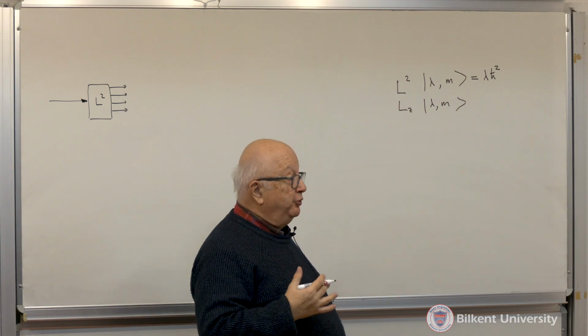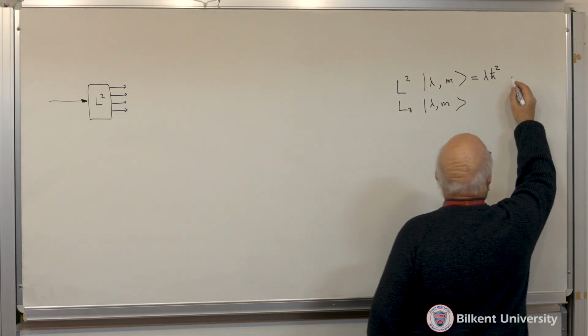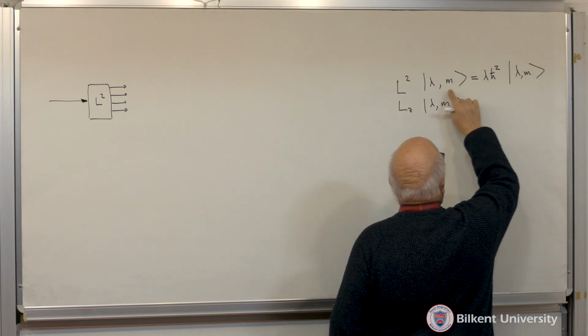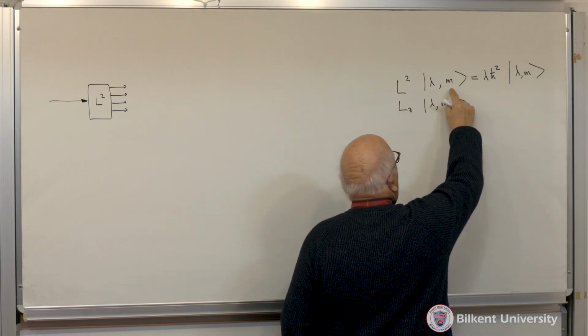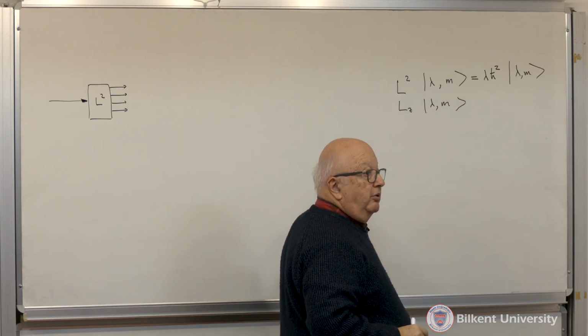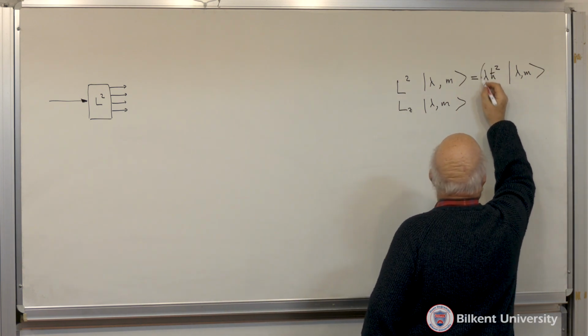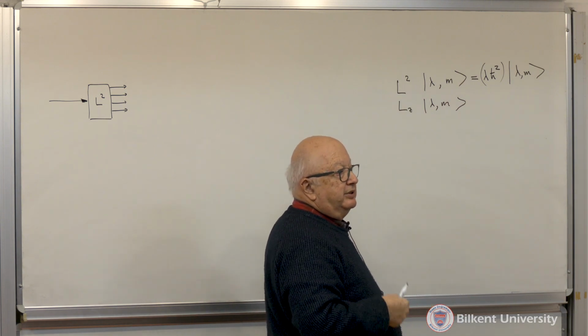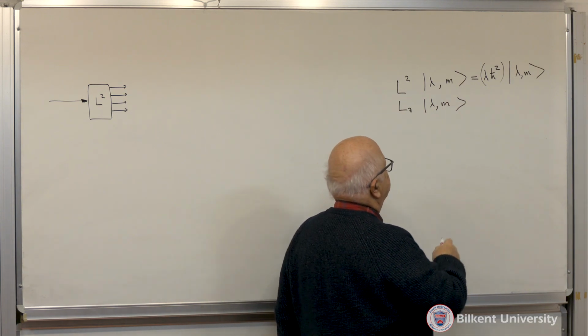So lambda is now a unitless number times lambda m. Okay, so this is an eigenstate of L squared with eigenvalue lambda times h bar squared. Okay, we'll try to find out what lambda is.